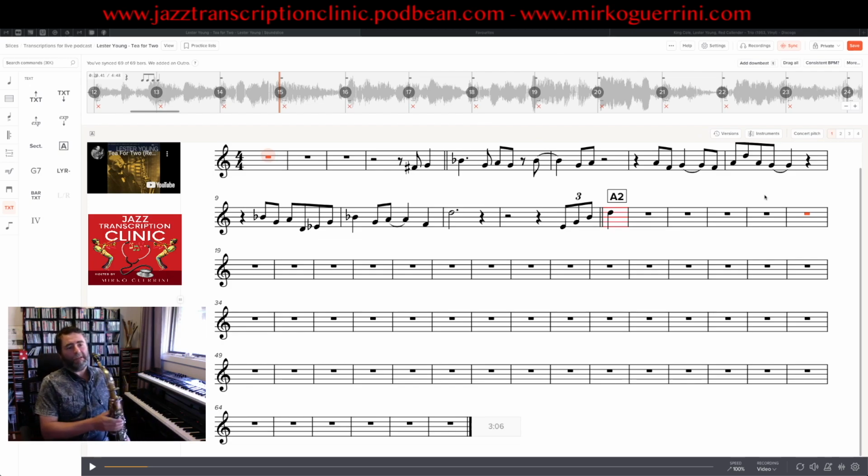Like the first 8 bars, and then we go into D major. And we go back to the initial idea.